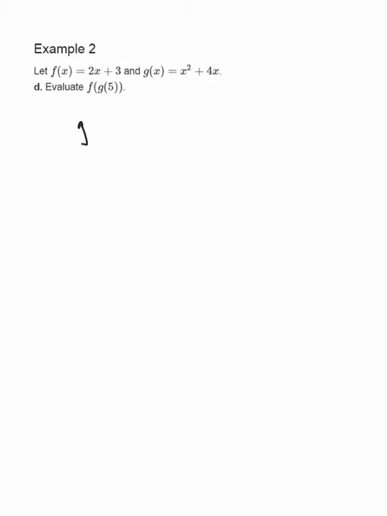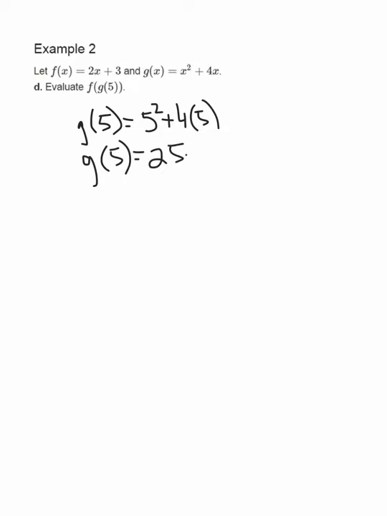So g of 5 is going to be 5 squared plus 4 times 5, which is 25 plus 20, which is just 45.